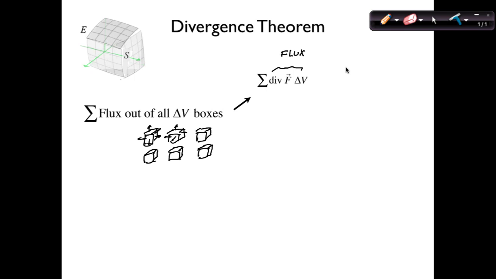That's just looking at all of them individually and adding them all up, all the flux out of all the boxes. And then part 2 is what you guys just said. So if you do surface integrals of all the boxes, you get the cancellation effect, and then it's the same as the surface integral of the outside of the whole volume E.